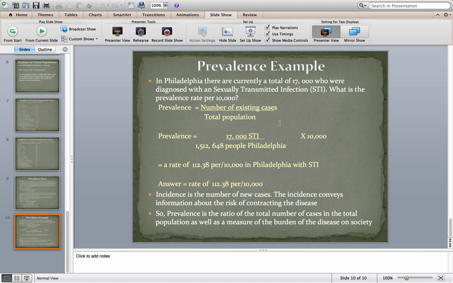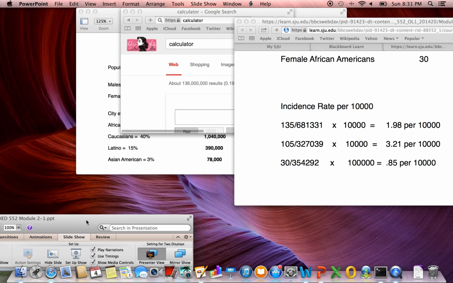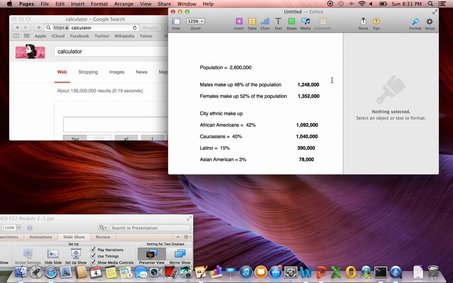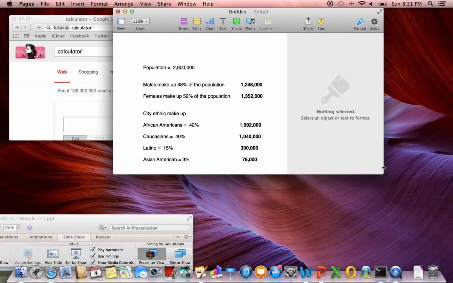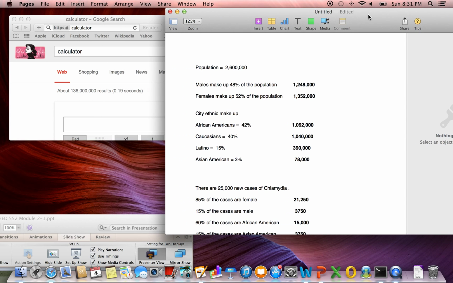Okay, so let's take a look at another example here. Again, this is going to be very similar to what is on our test this week. All right, so we're given a population, 2,600,000 people.